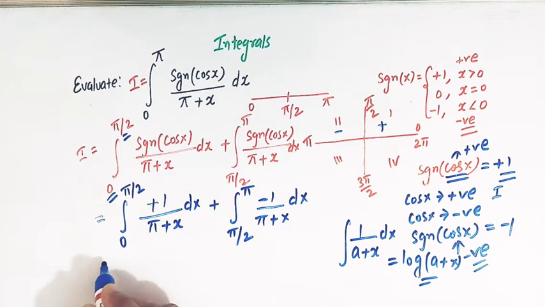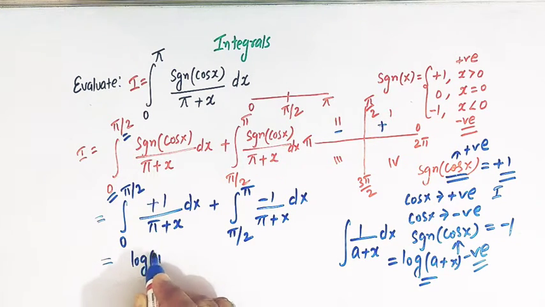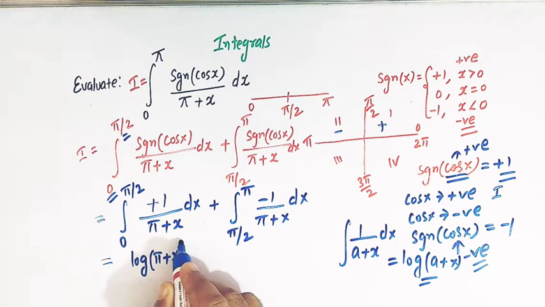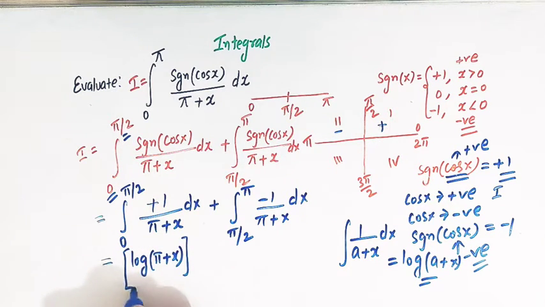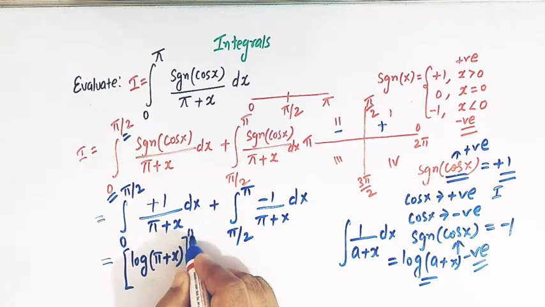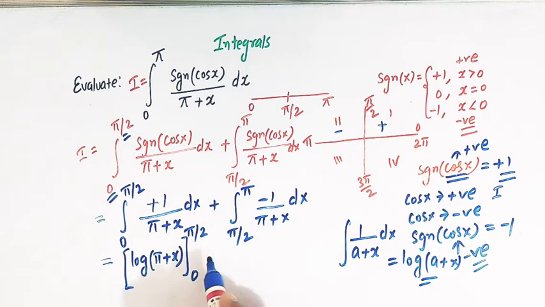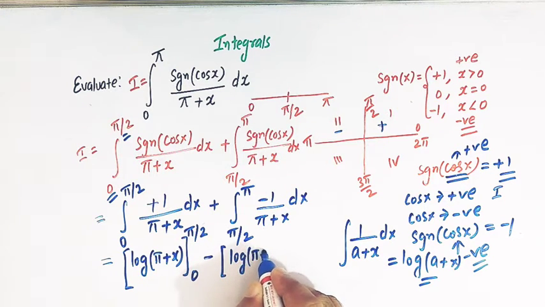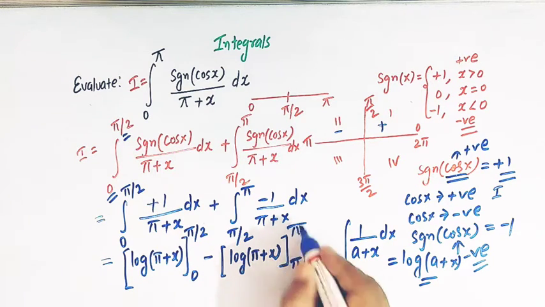In the first integral we have log of pi plus x with limits from 0 to pi by 2, and here we have a negative sign and log of pi plus x with limits from pi by 2 to pi.